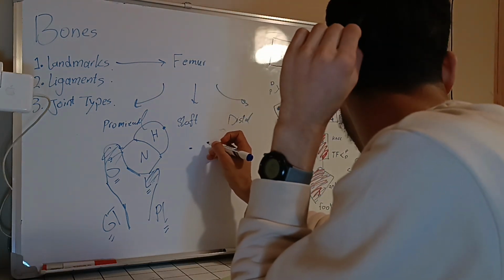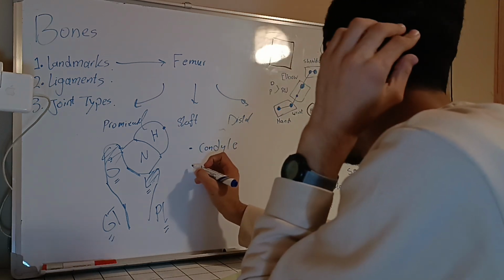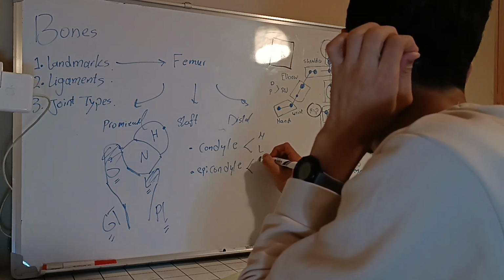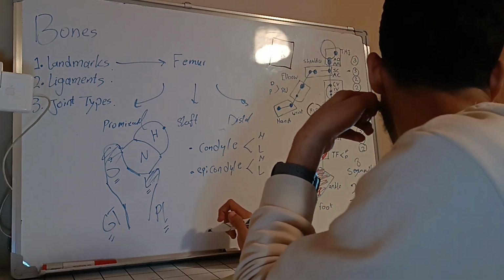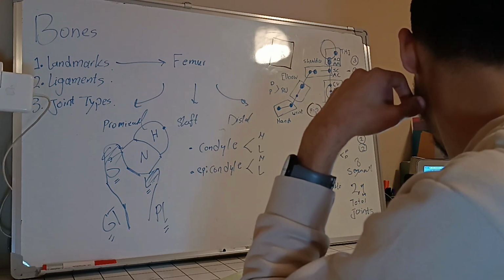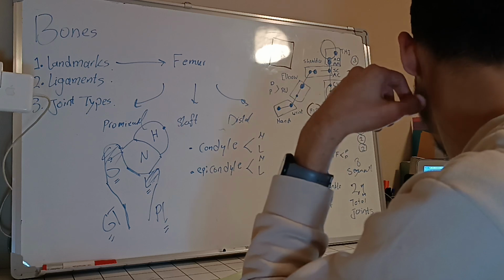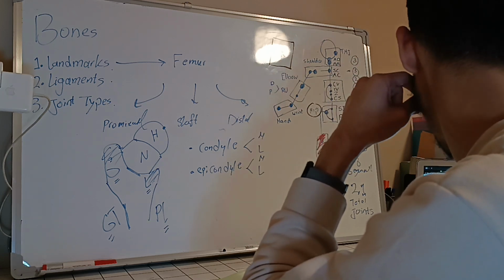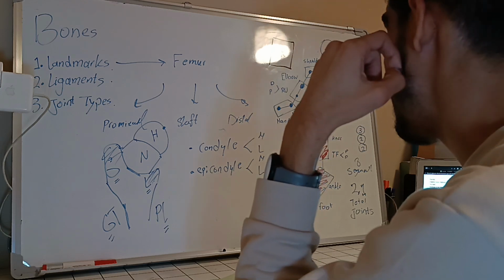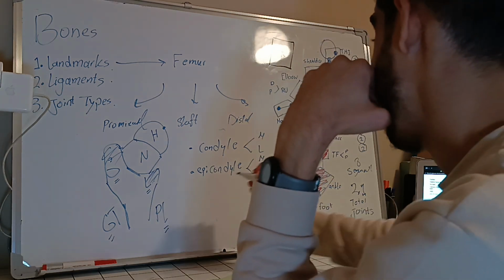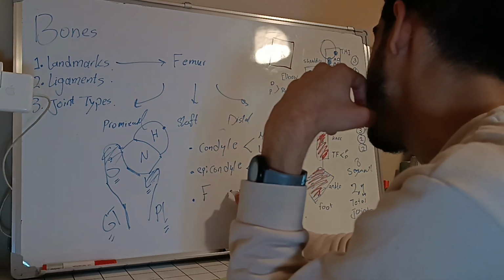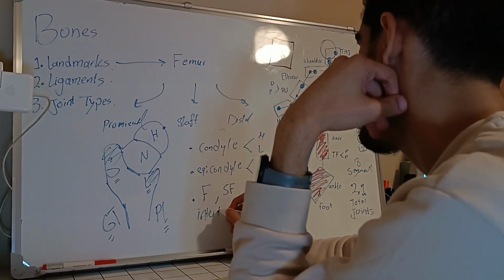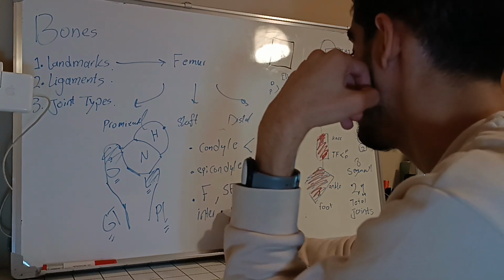We can have the condyles, the epicondyles, and also the fossa and surface. So here, the intercondylar fossa.